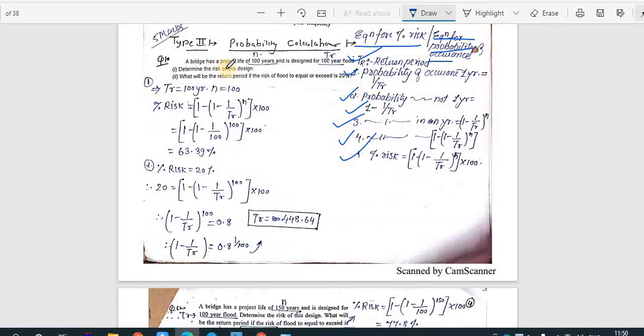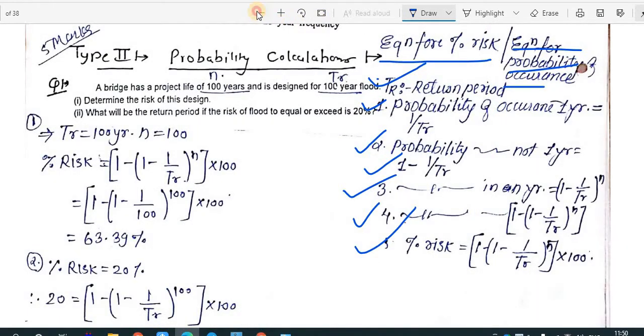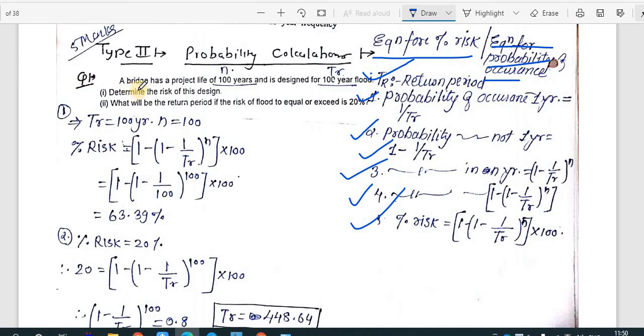So we'll start with the first numerical. A bridge has a project life of 100 years, so the value of n here is 100, and it is designed for a 100-year flood, so TR value becomes 100. Determine the risk of the design.